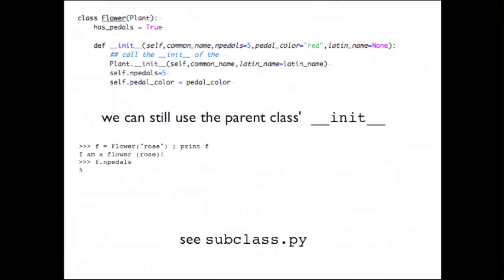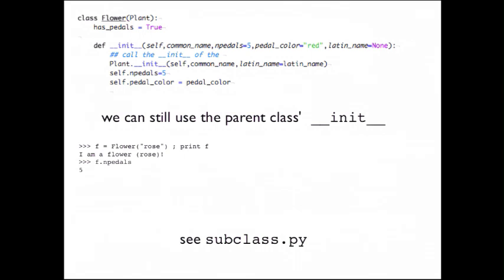Well, remember, if I just wrote my own init method inside of Flower, and I didn't use anything from Plant, I would overload, I would basically ignore whatever Plant's doing in its init. But I really like that in Plant, I'm actually setting the common name and the Latin name, for instance, right? So I want to use whatever it's doing, and it's also bumping up the total number of plants known.